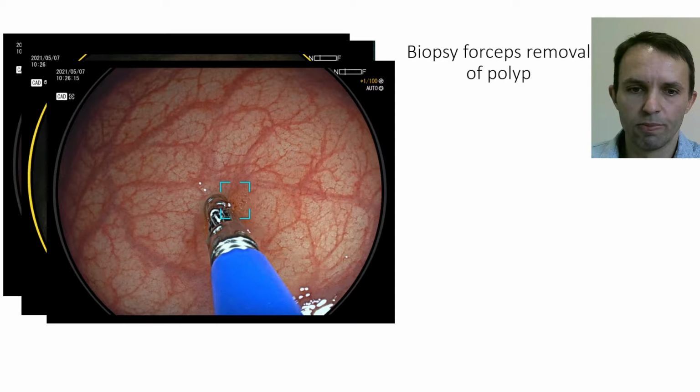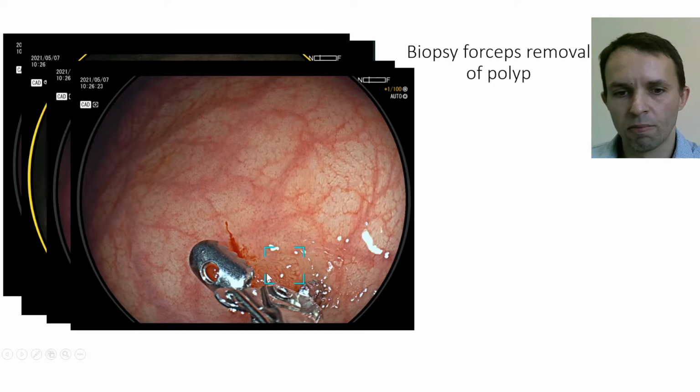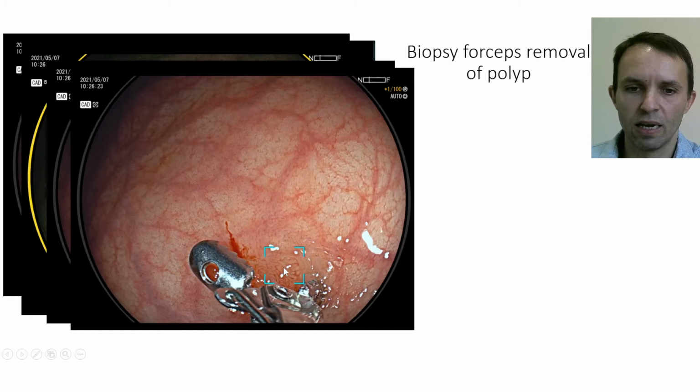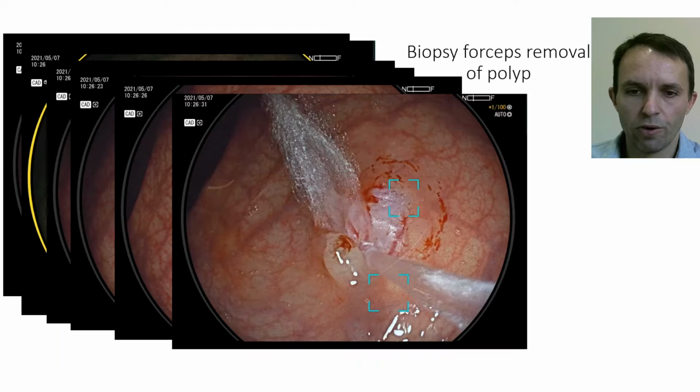We introduce biopsy forceps. We open them. The size between the branches of the biopsy forceps is 8 millimeters. So this polyp is about 3, maybe 4 millimeters in size. We remove it with a few bites.